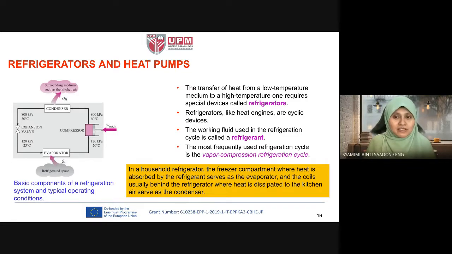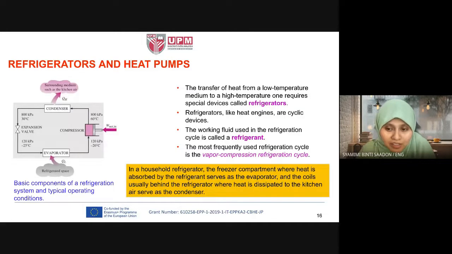You transfer the heat from the low temperature reservoir to the high temperature one. Instead of the heat engine just now, where we use the heat source at high temperature and transfer heat to the lower temperature heat sink, the refrigerator is the opposite.